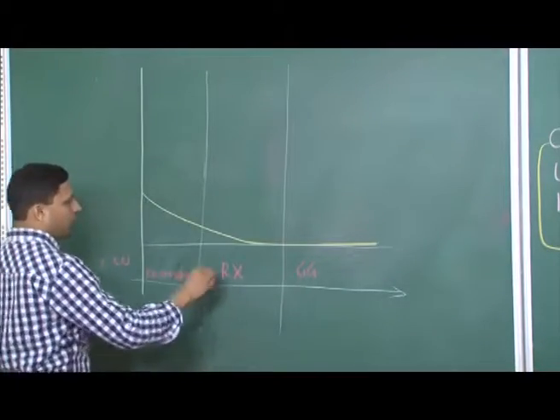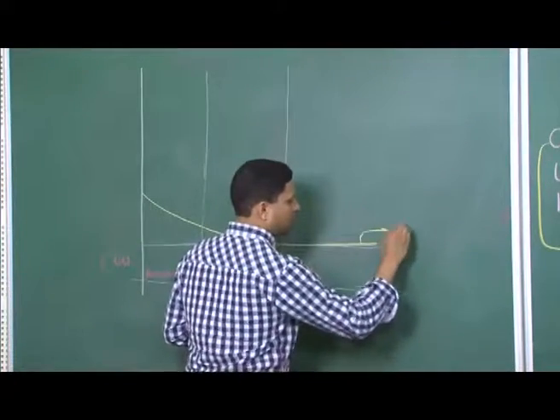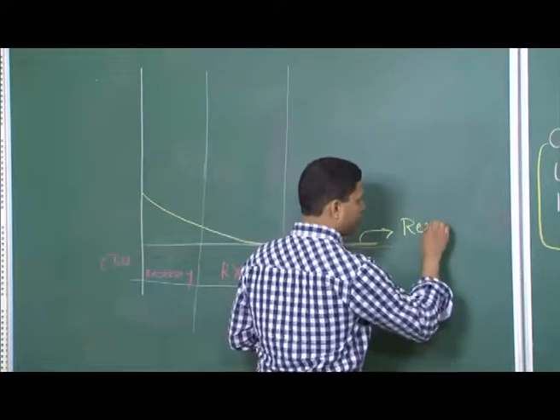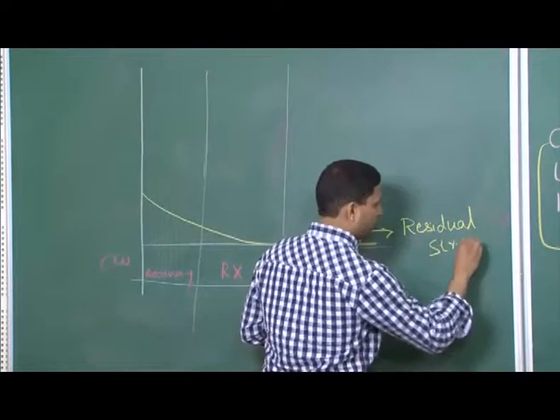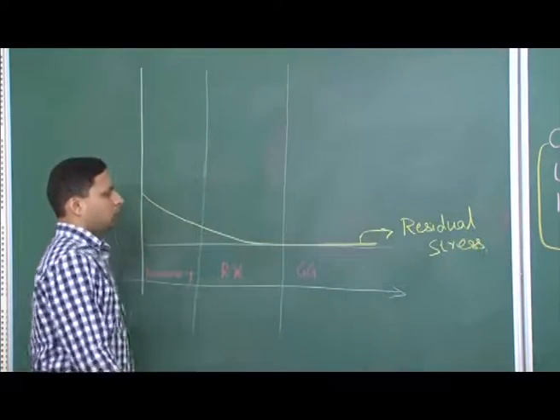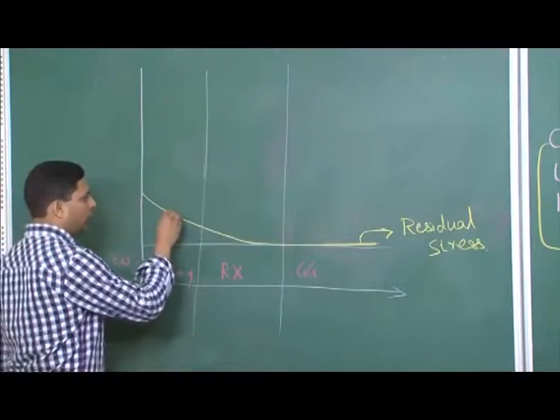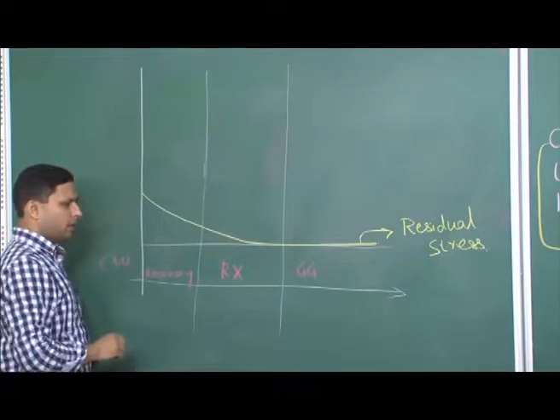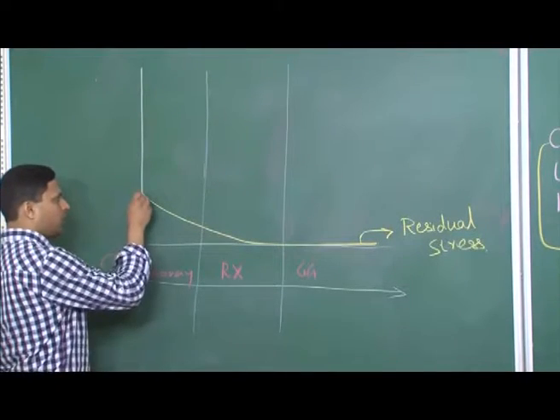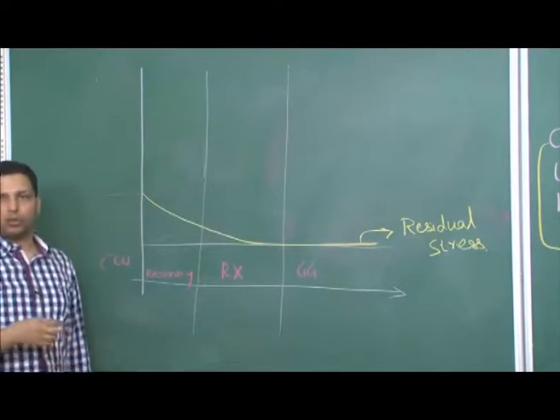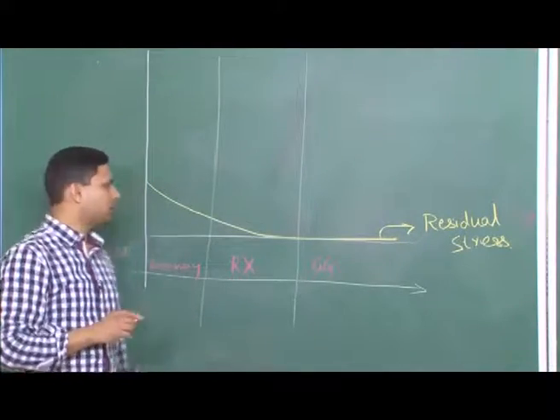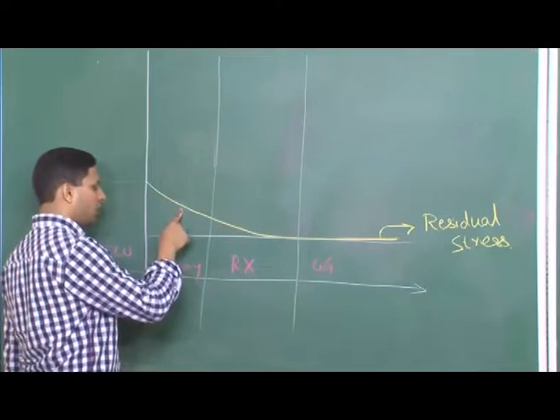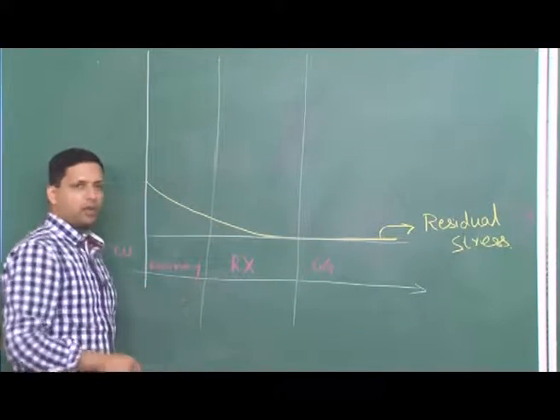So, if you were to look at the residual stresses, the residual stress remains constant below 0.3 Tm. So, below this temperature there will be no drop in residual stresses, but it does start to decrease when you reach the recovery zone.